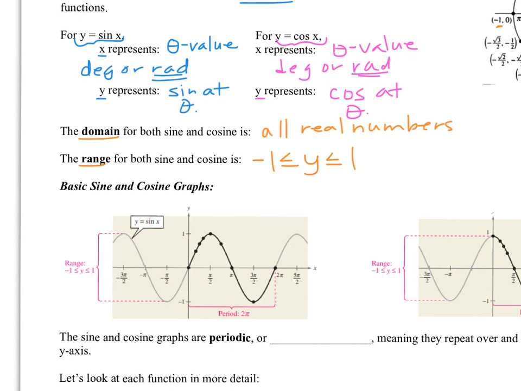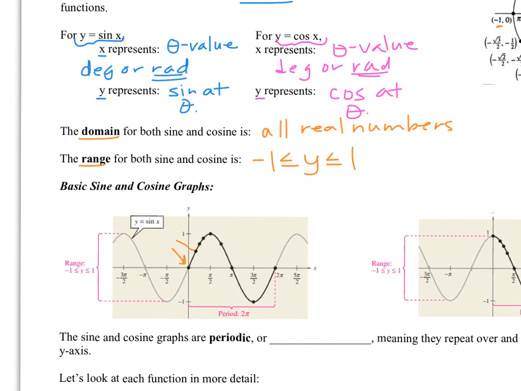Taking a look at the basic sine function down below, you can see both sine and cosine. The dots that are marked on that curve represent the values from the specific locations on the unit circle. So here's what I mean by that. For sine, we start right here at 0, 0.